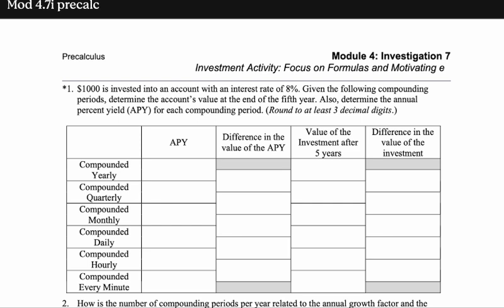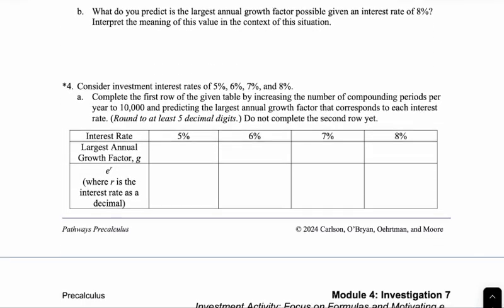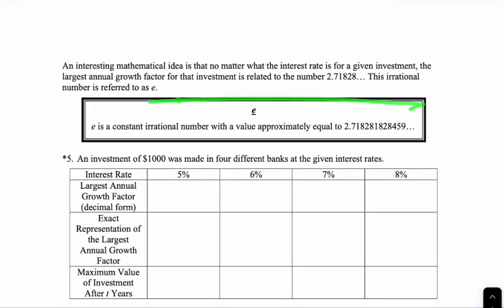Now, for investigation 4.7, it is about this number E. So I just need you to go down to where you see this block right here and highlight, please, for me, that E is the constant value that is approximately equal to 2.71828.